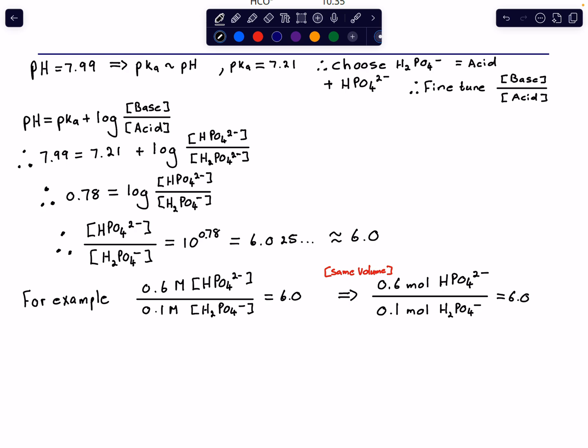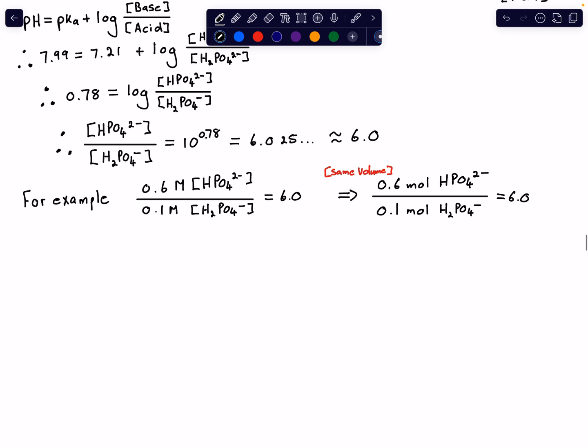So to make up our solution, what do we need to do? We choose two salts. One salt needs to be NaH2PO4, and for the other salt, let's also choose a sodium salt. It can be any salt really, it just has to be a salt.